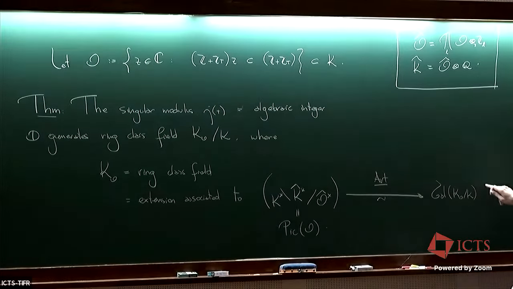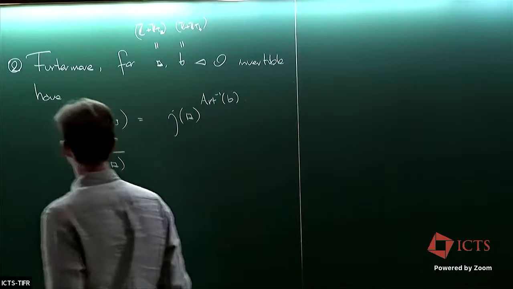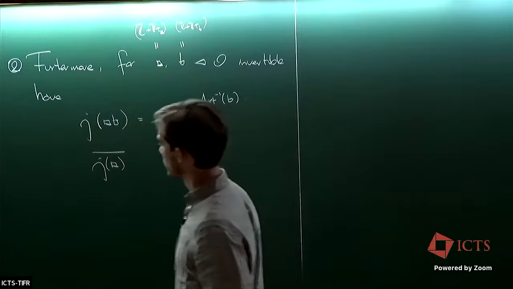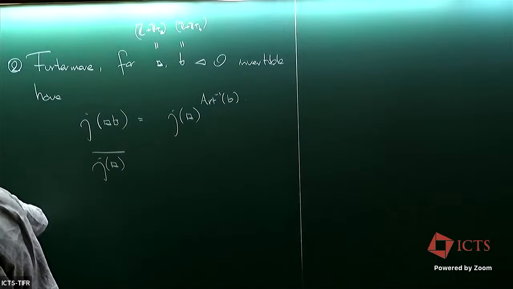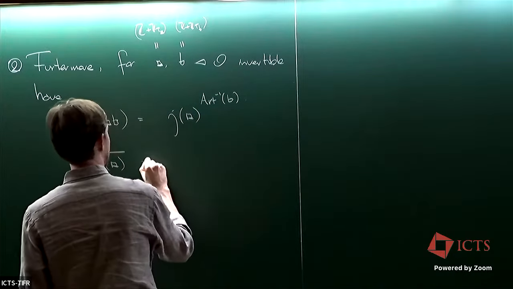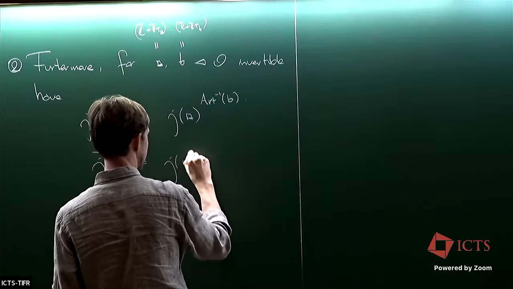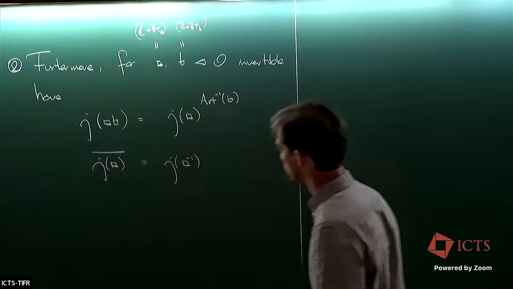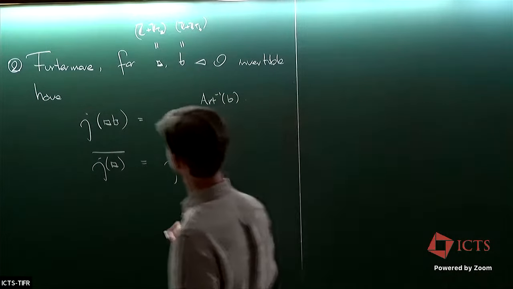I trace it all the way through, I invert it, and then I make it act on j of A in this equality. Likewise, it is true that if I take j of A and complex conjugate it, that's the action not just of this Galois group, but also of the Galois group of K over Q, then I obtain j of the complex conjugate ideal. It's really the same thing.